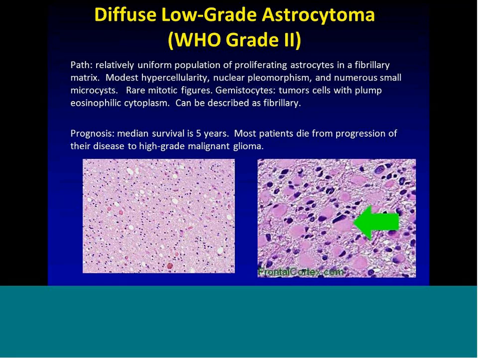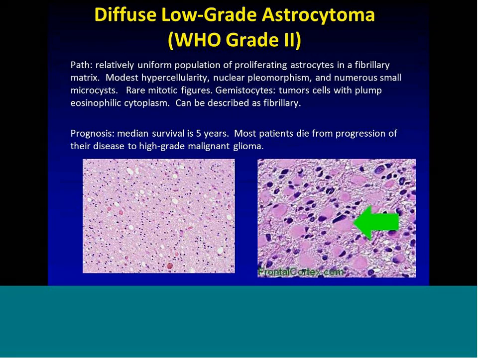But then there's a rare subtype; this big arrow points to this big cell. These are big, foamy, fluffy cells that have a lot of eosinophilic cytoplasm and a nucleus that goes to the rim. See how the nucleus goes to the rim? These are called gemistocytic cells, or gemistocytes.